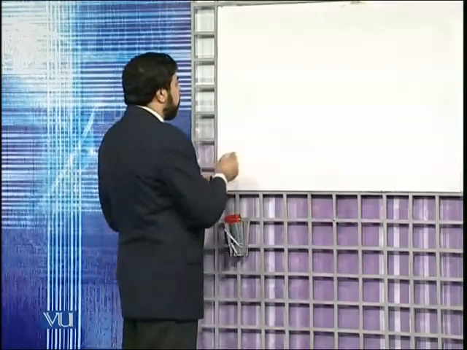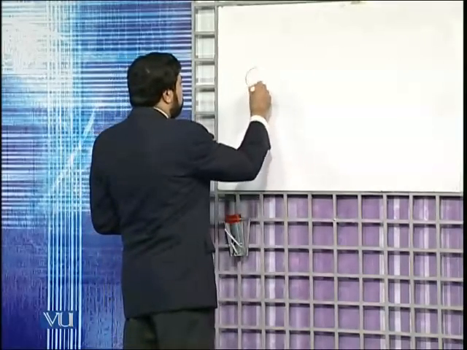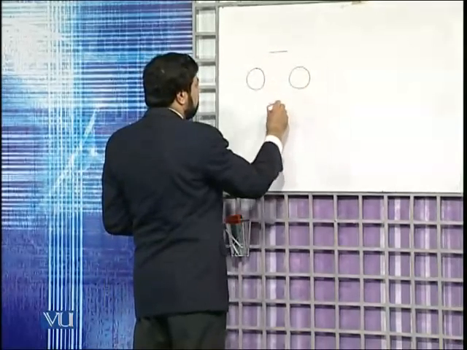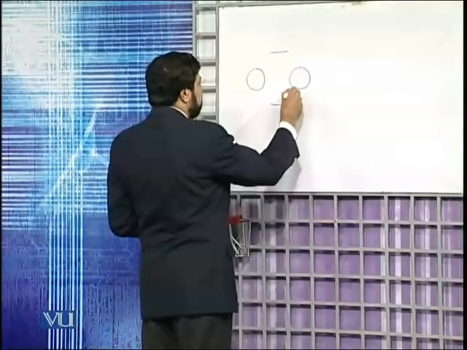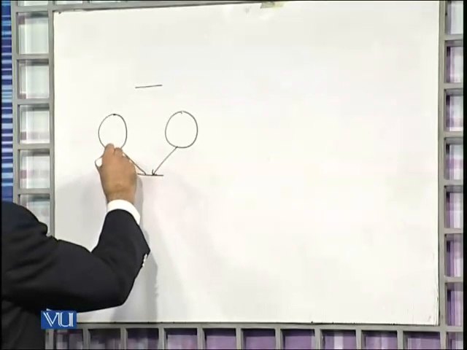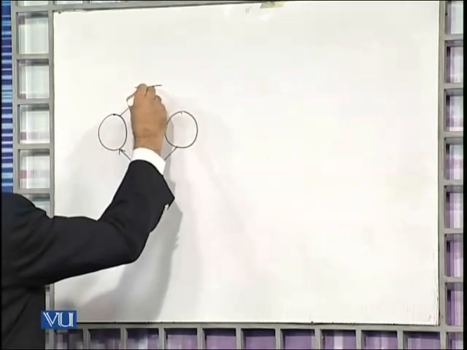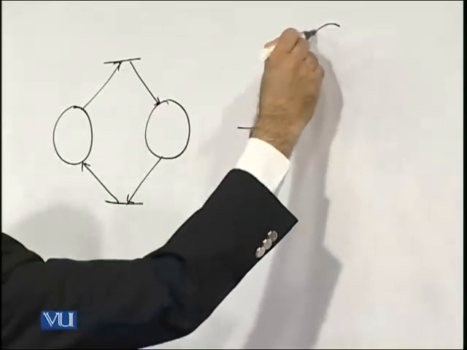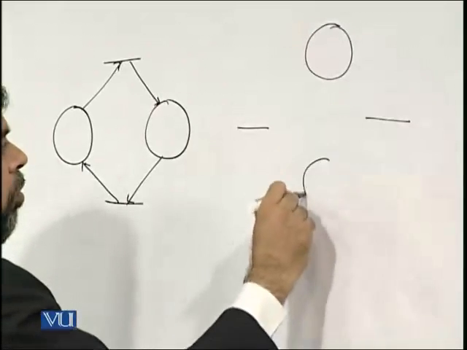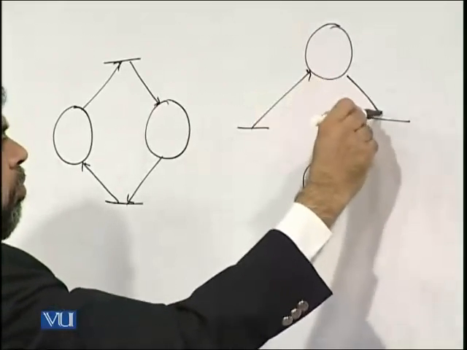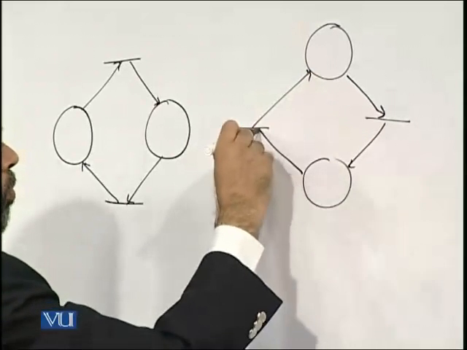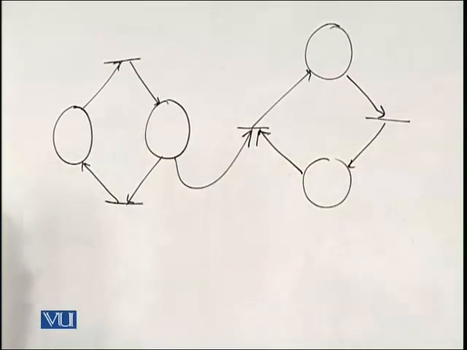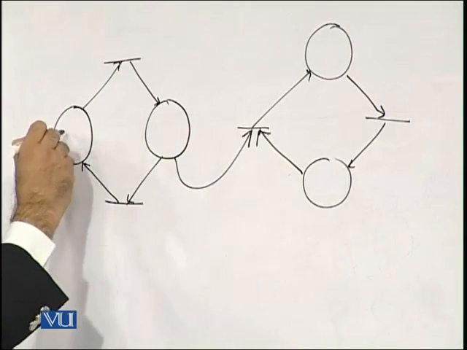So we have some transitions and some places. So we have a similar pattern here. So this is our static Petri net.